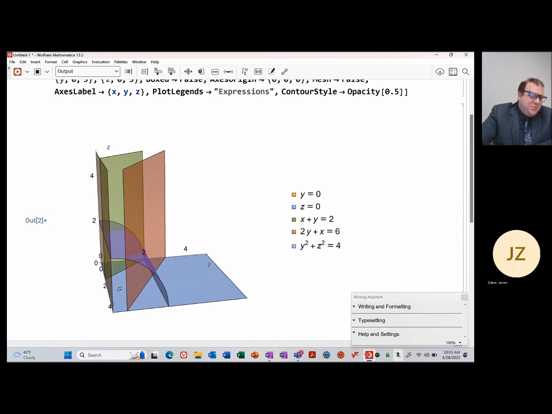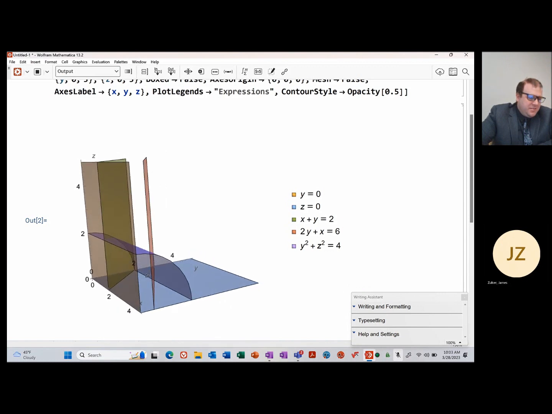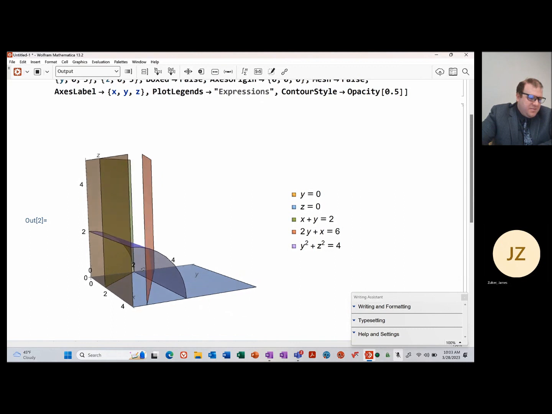We are going to have to decide how we want to describe this region. Right, we need to choose an order of integration. There's 6 possible orders.